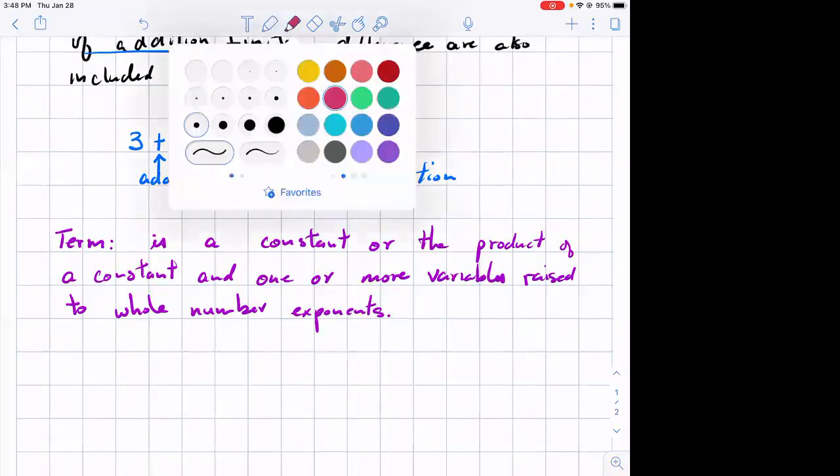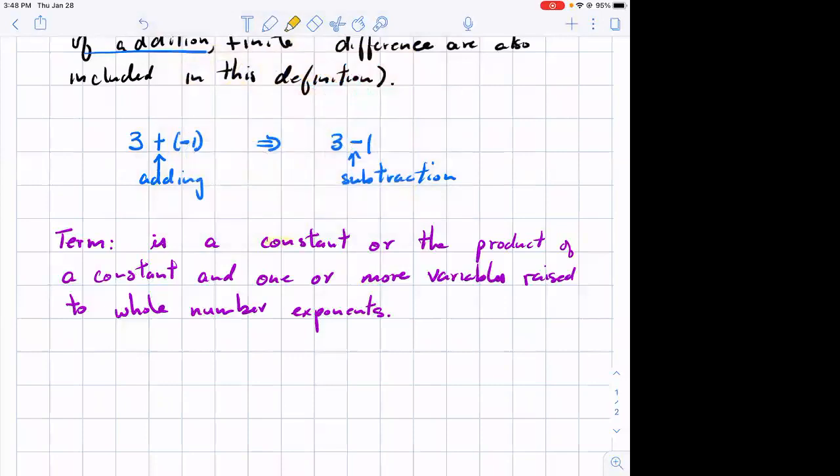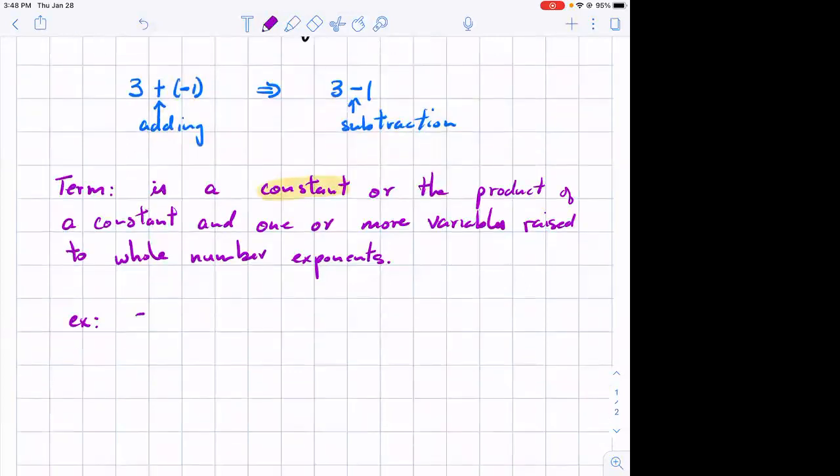So, we said it's a constant, okay? So for example, of a constant, we can say 5 or minus 3, okay? When we say constant, we're referring to just the numbers by themselves. Okay?